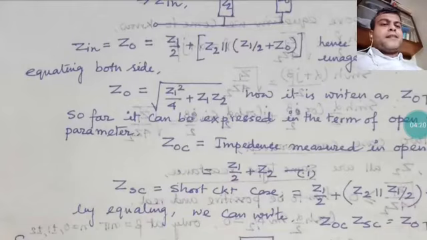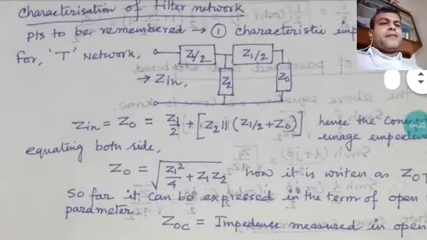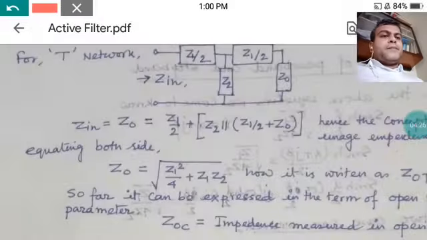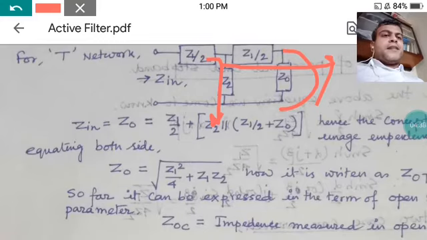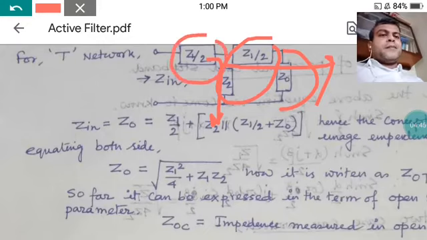And ZSC is the short circuit case. In the short circuit case, when this particular point is shorted, after passing through Z1 by 2 the current takes two paths, one this and another this. So the final calculation is that Z2 and Z1 by 2 are in parallel combination, in series with Z1 by 2.